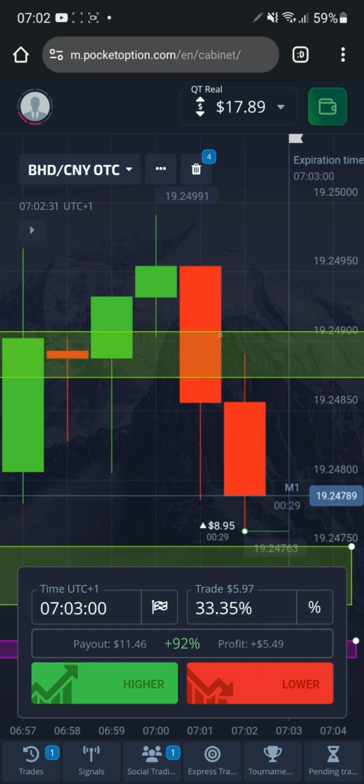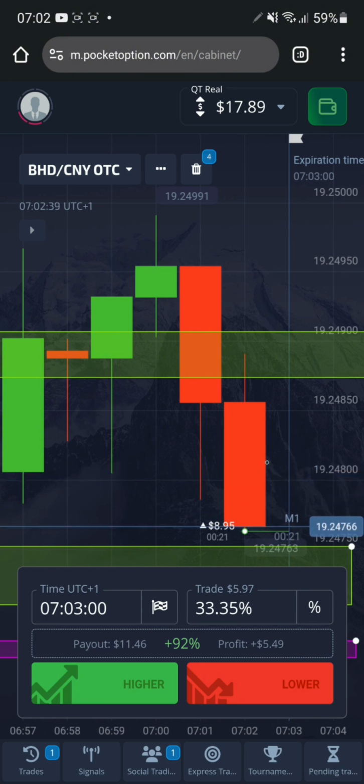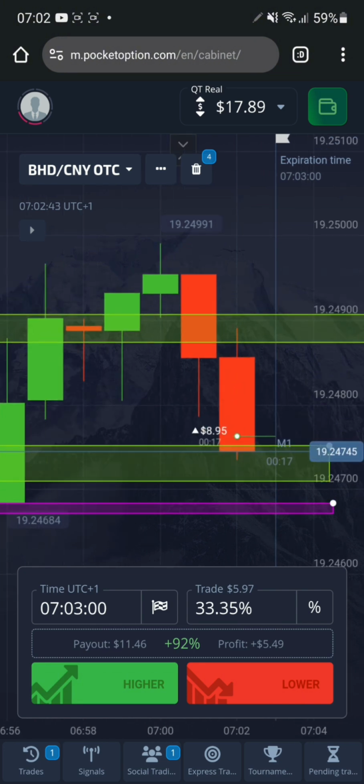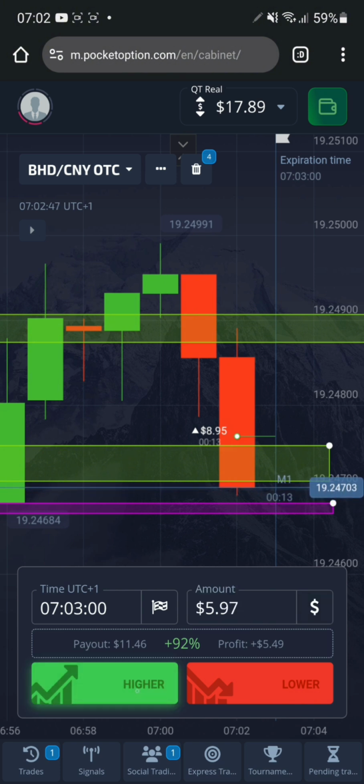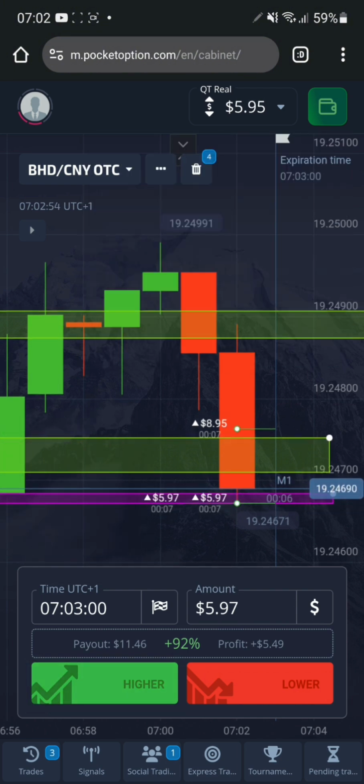So usually this is a pattern that needs retracement. And there's a kind of rejection area here. So I'm expecting the rejection to. Oh my God. Yeah. Okay, let's reject.